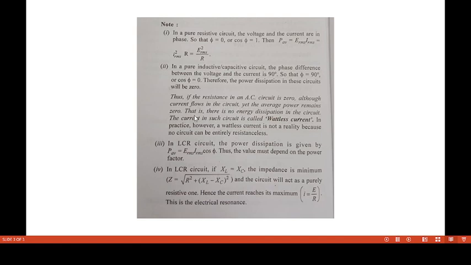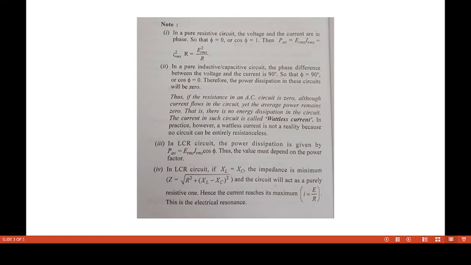That is, there is no energy dissipation in the circuit. The current in such a circuit is called wattless current. In practice, however, wattless current is not a reality because no circuit can be entirely resistanceless. There will be some resistance associated with the circuit in practice.